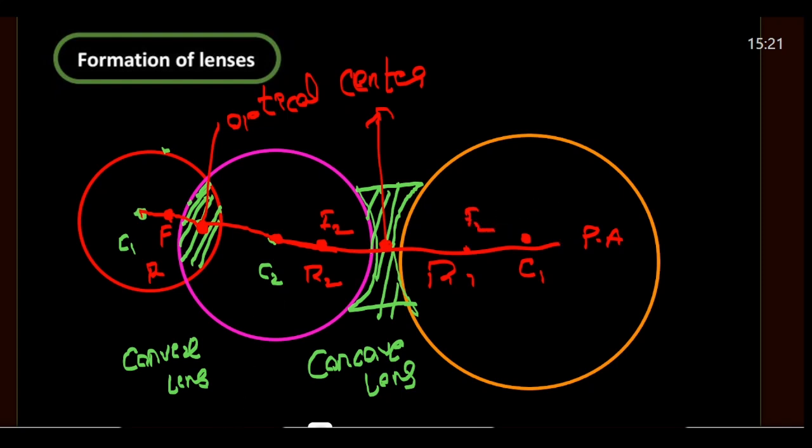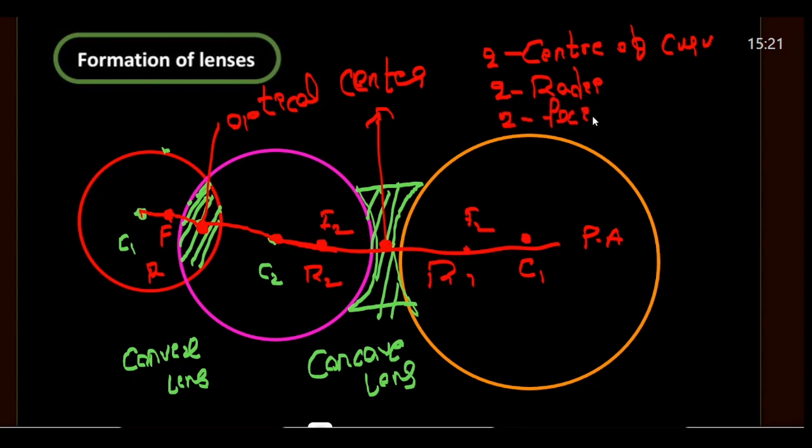From this, what we have understood is that a lens has two centers of curvature, and two radii, and also two foci. So two focal lengths and two focus points, right?